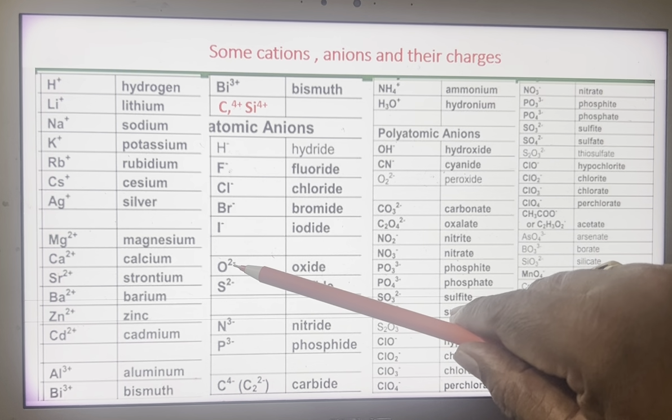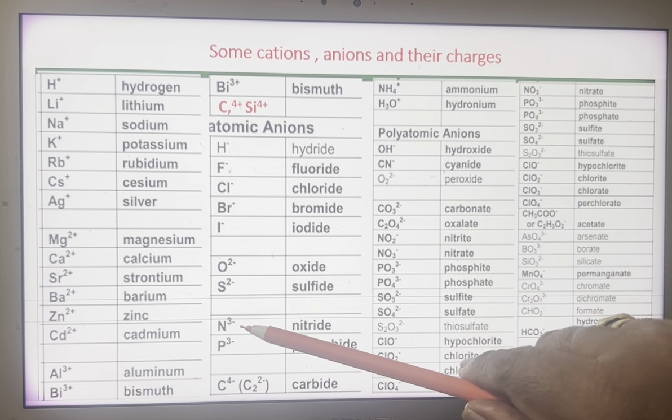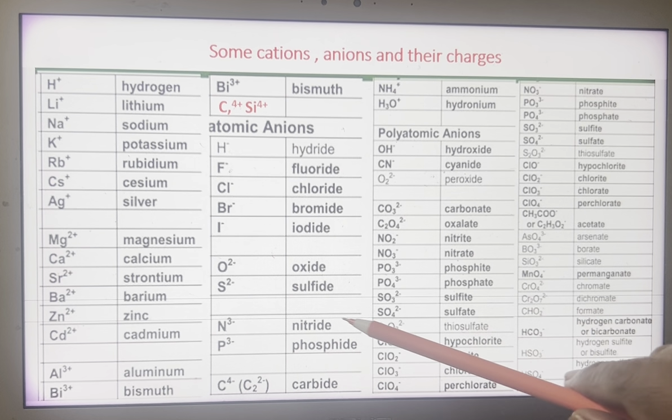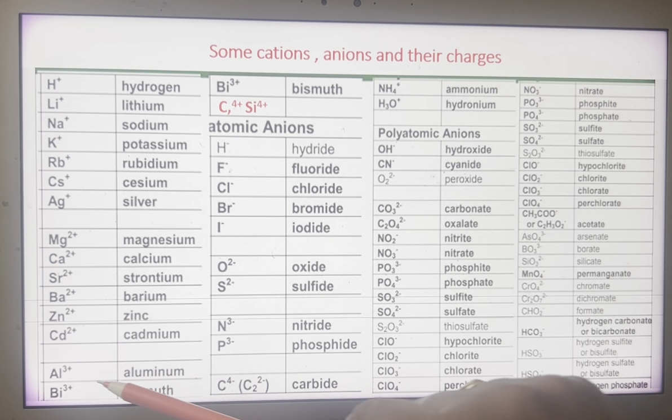The sixth group elements, oxide and sulfide, are 2 minus, 6 minus 8, and you have to remember this. Fifth group elements, nitride and phosphide, are 3 minus. Carbide, fourth group: sometimes you will see 4 minus also. It exhibits 4 plus and 4 minus also.